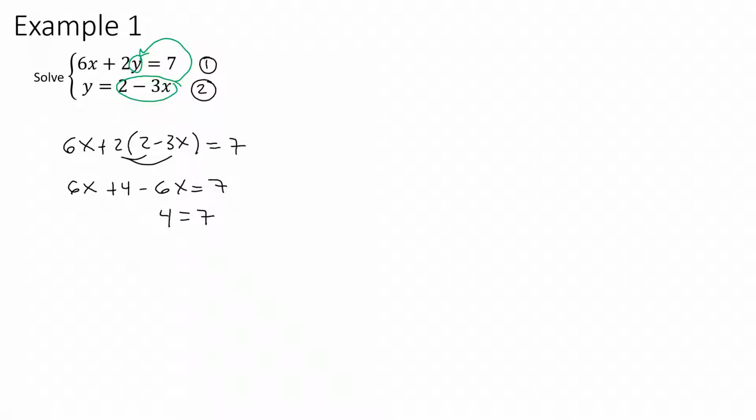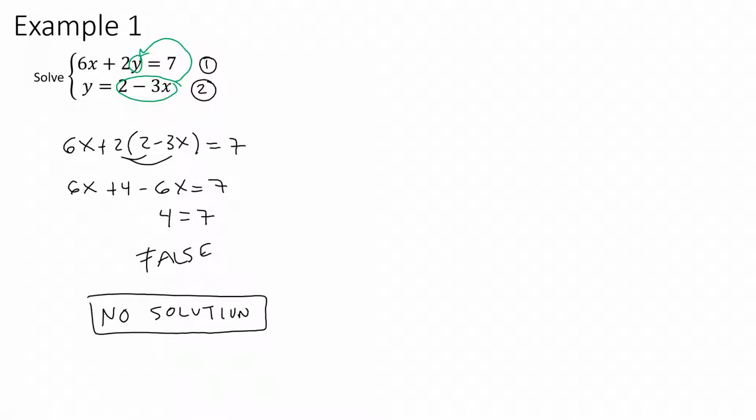This is a unique scenario, when the variable that I'm solving for goes away. Whenever that happens, I want to ask myself one question: am I left with a true or false statement? I am left with a false statement. So what that means is that there is no solution.